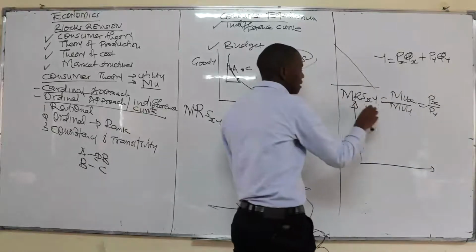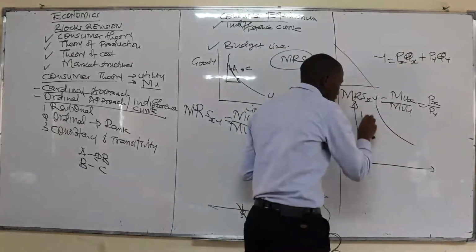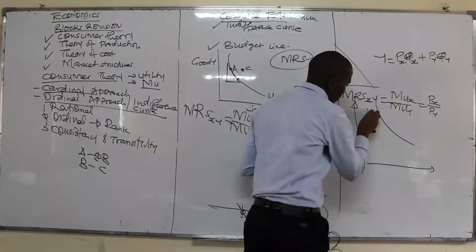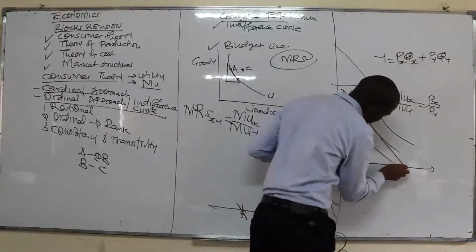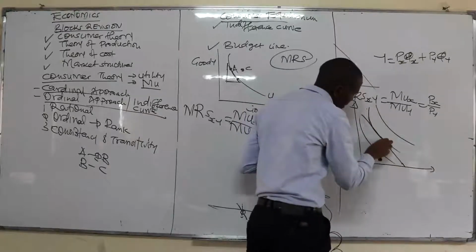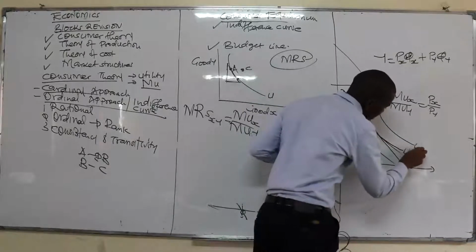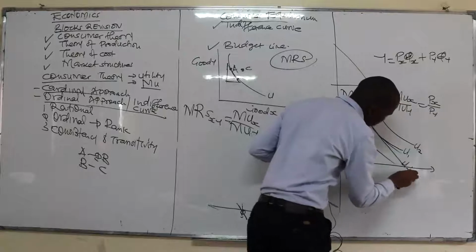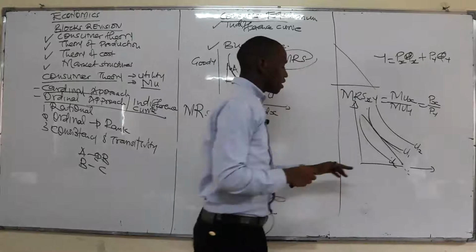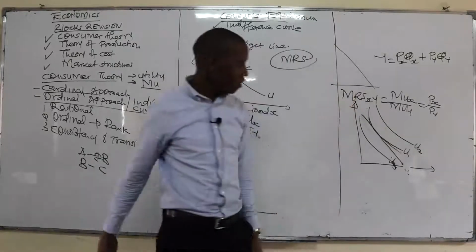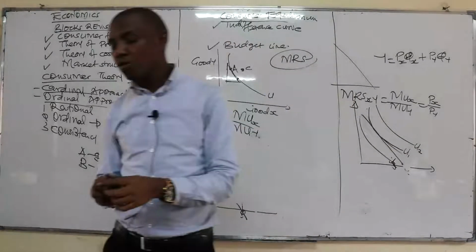The indifference curve should be convex to the origin. So in this case, that is the budget line. The indifference curve, remember, is convex to the origin.